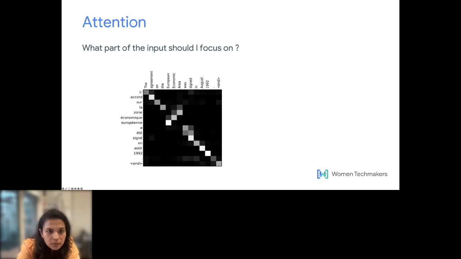Sorry for interrupting you. People are sharing in the chat that we cannot see your cursor. I believe you are using it to pinpoint certain areas. Yeah, right, I'm doing that. Can you see my cursor now, or is it not visible as well? No, we cannot see it.